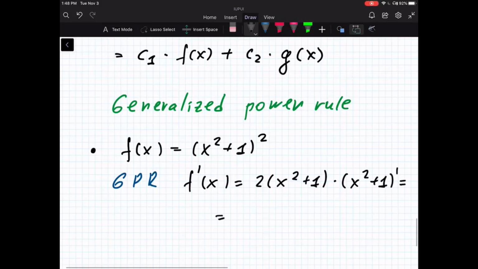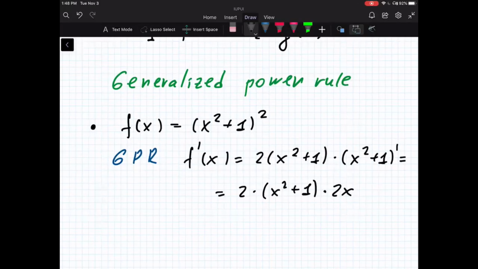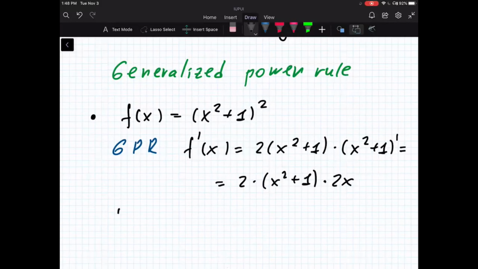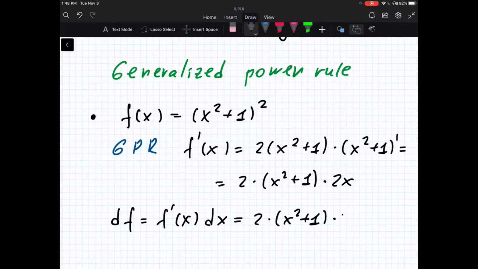And so I get 2 times x squared plus 1 times 2x. Or using the differential forms, df, which is f prime of x times dx, is equal to 2 times x squared plus 1 times 2x dx.